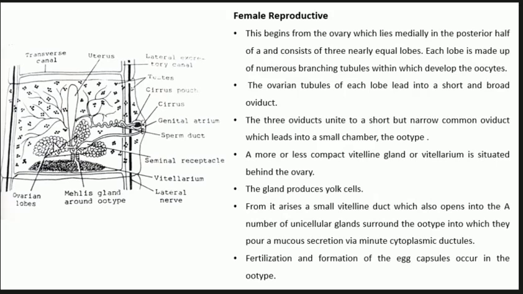So these are the ovaries, they combine. Here you have the glands in this area surrounding the ootype, into which they pour their mucus secretion via minute cytoplasmic ductules. Fertilization of the egg occurs in the ootype.